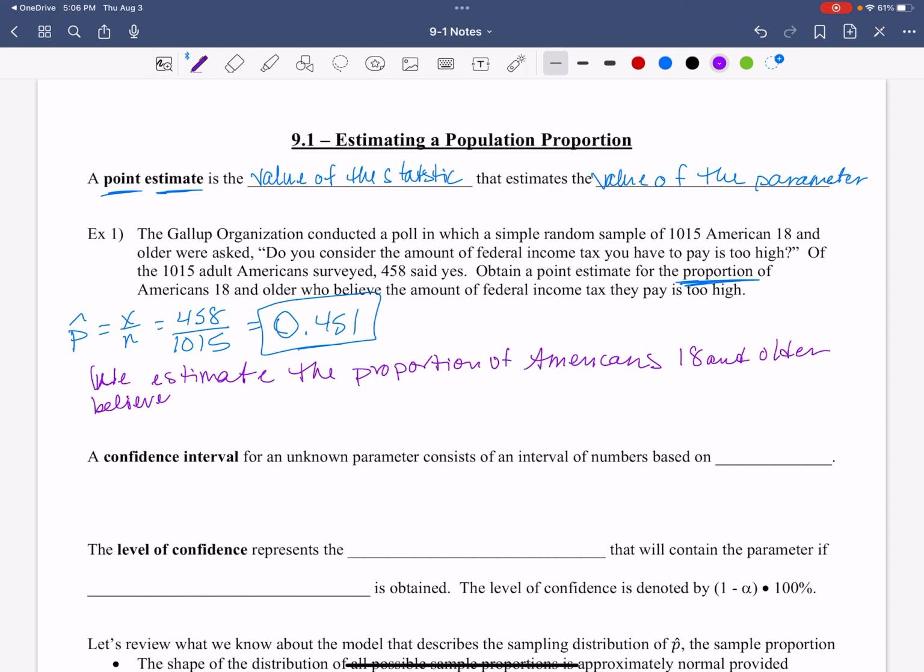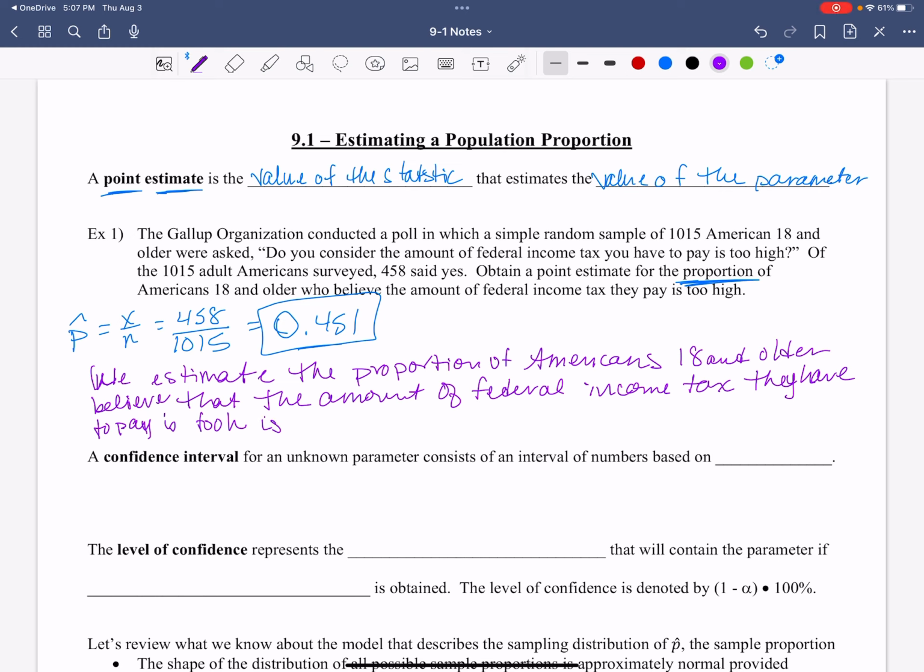Believe that the amount of federal income tax they have to pay is too high is 0.451.